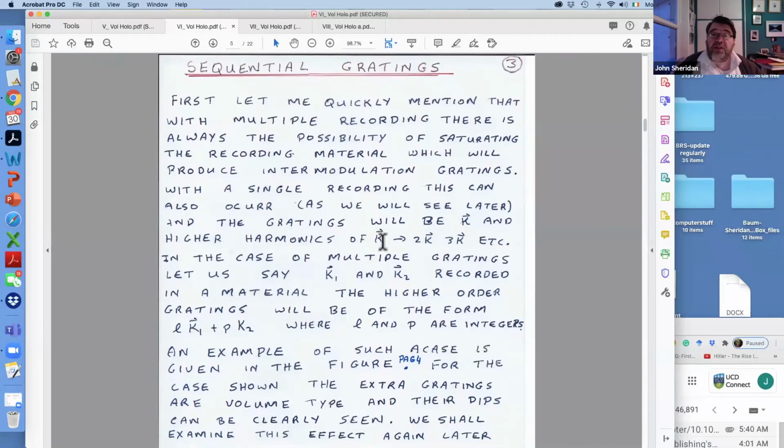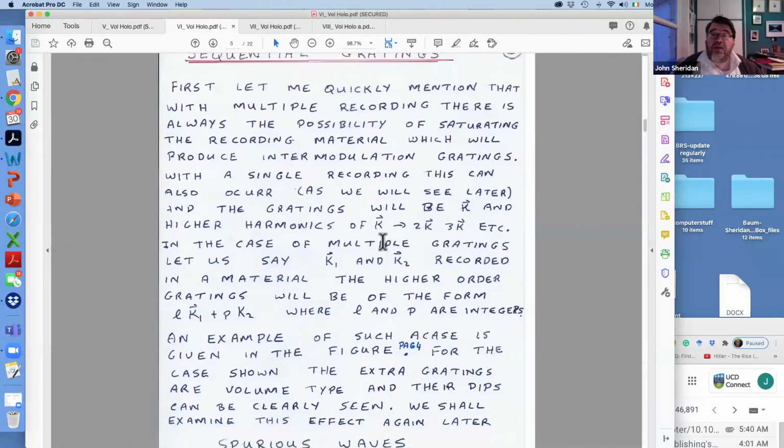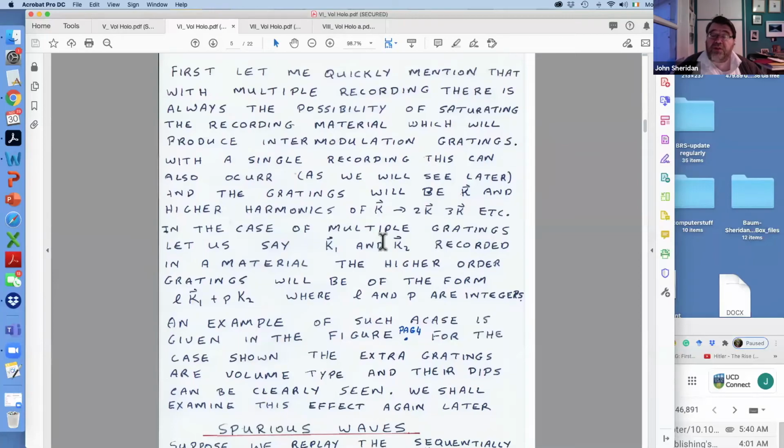We mentioned that with multiple recording, there's always the possibility of saturating the recording material. Once we start recording more than one grating, the responsive material is going to be split between the different grating components that you record. In the case of the boundary reflections, we are forming these other gratings, and therefore some of the dynamic range of the material is being converted into these spurious gratings.